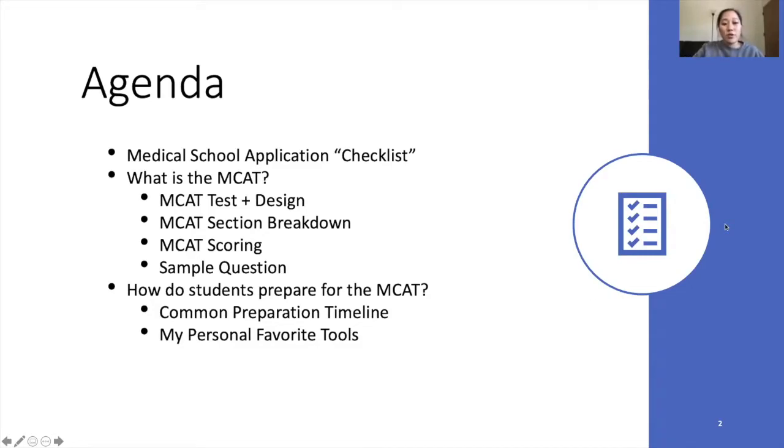We'll also look at how students normally prepare for the MCAT. So we'll look at 2 common preparation timelines and how for each case students would study differently.